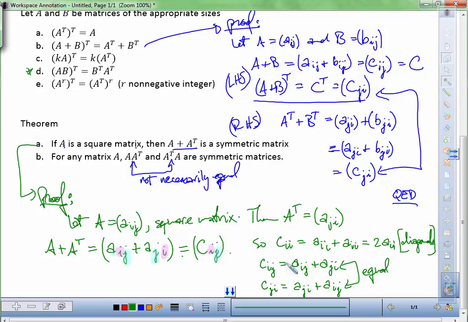So we can say Cij is equal to Cji, which completes our proof that this is symmetric. Remember, a symmetric matrix has the ij and the ji entries equal to each other across the diagonal. So we're done. QED.